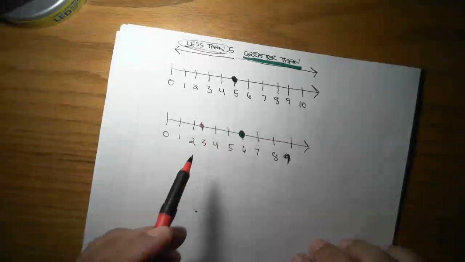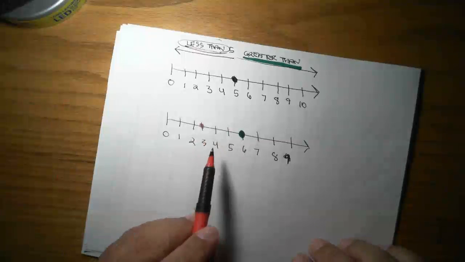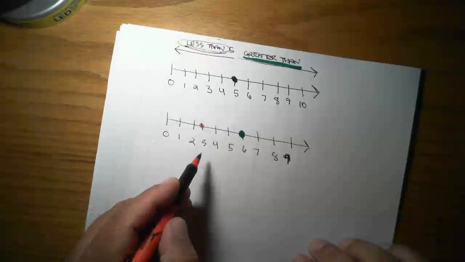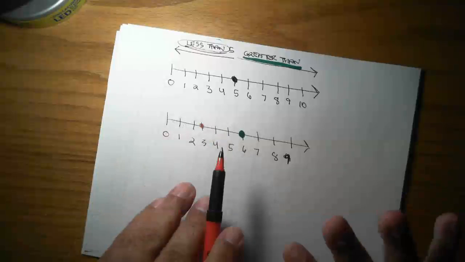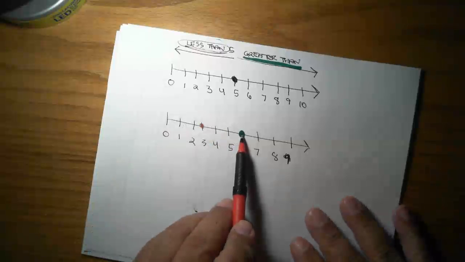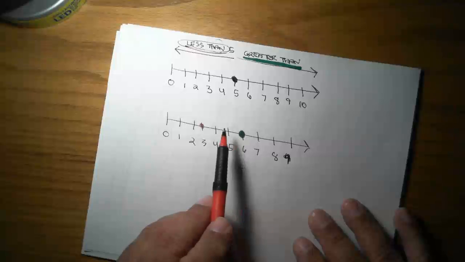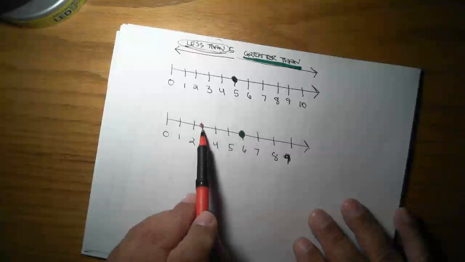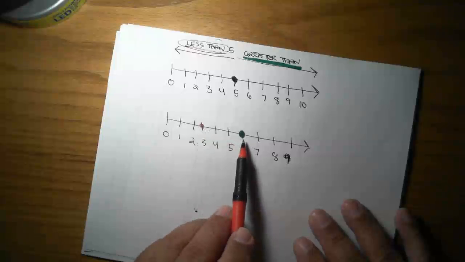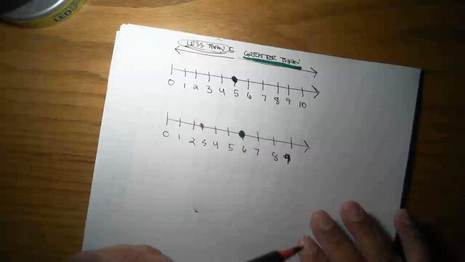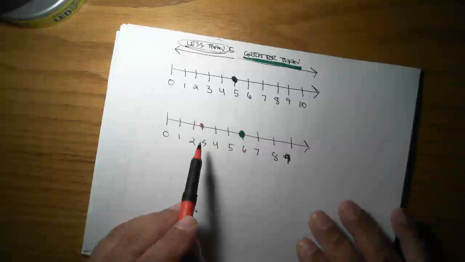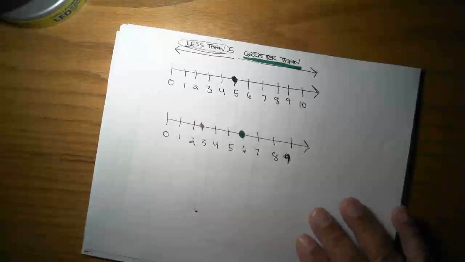I can tell, and I bring the numbers down, or actually I don't even have to do that. Just from here, from the 6, I can tell that 3 is less than 6, because on the number line, 3 is to the left of 6.